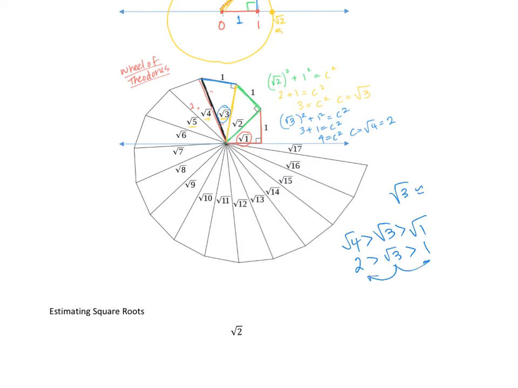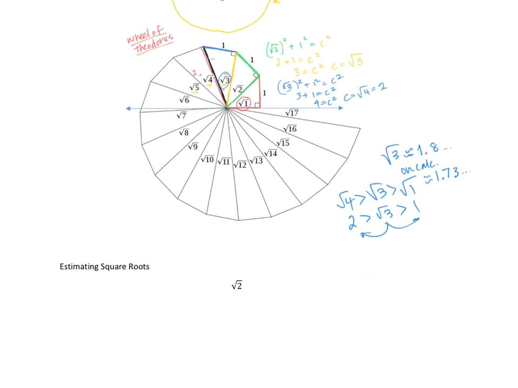And it's a little bit closer to radical 4, so it's probably going to be like 1.8 something. But you can double check on a calculator. If you look up the square root of 3 on a calculator, it's estimated to be about 1.73. And again, that's an estimate because this is not going to be written as a terminal decimal.